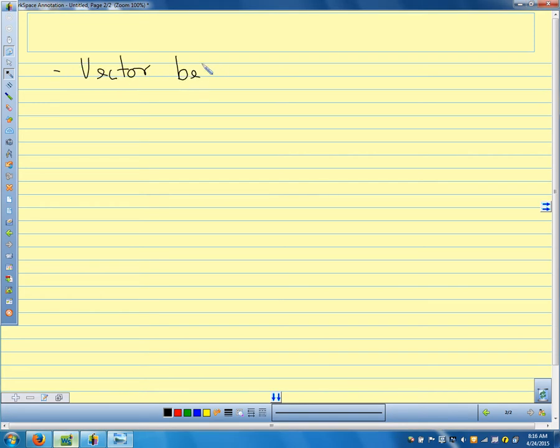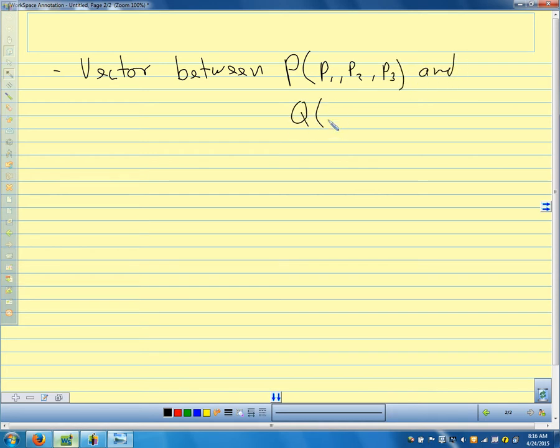If we want the vector between, we'll say this point has coordinates P1, P2, P3, and Q, Q1, Q2, Q3. So our vector goes from P to Q.